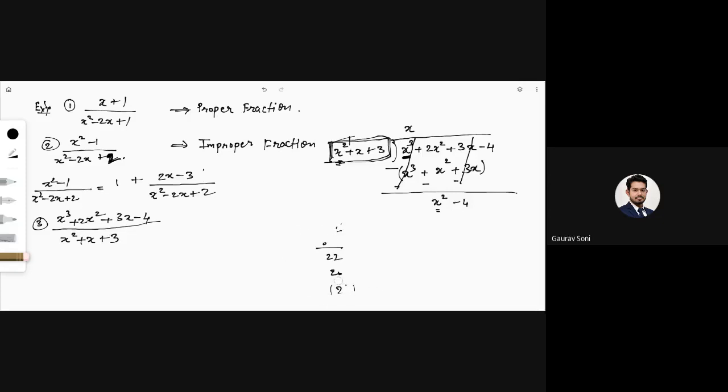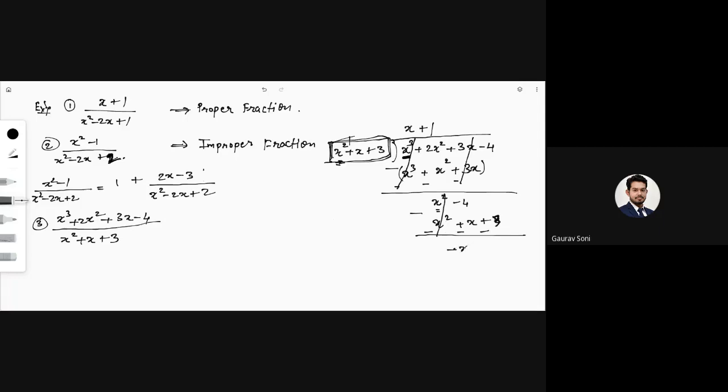So in this case, how can I make x square from the given divisor? I will have to multiply by plus 1. So this will be x square plus x plus 3, right? With minus sign. When you give minus, these signs will change. Plus x square minus x square will get cancelled out.